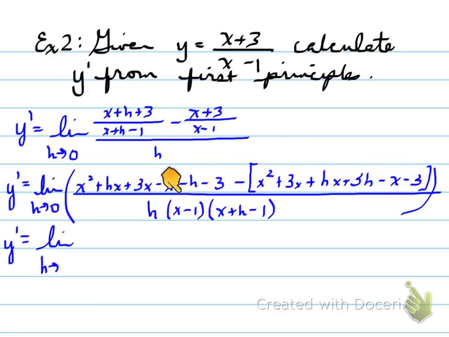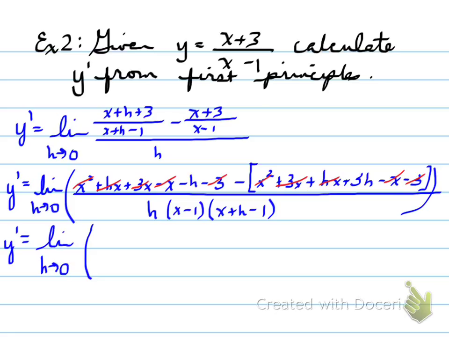In the denominator, that would still be this h, and the common denominator is the bottom of the original numerator. And what happens here is things start to cancel. X squareds cancel, the hx's cancel, the 3x cancels, the minus x cancels, and the minus 3 cancels.